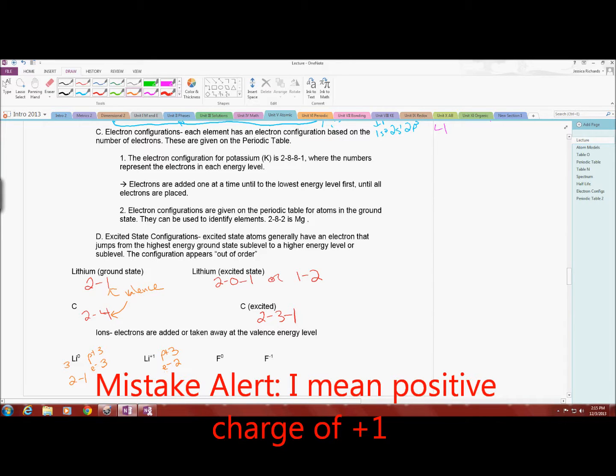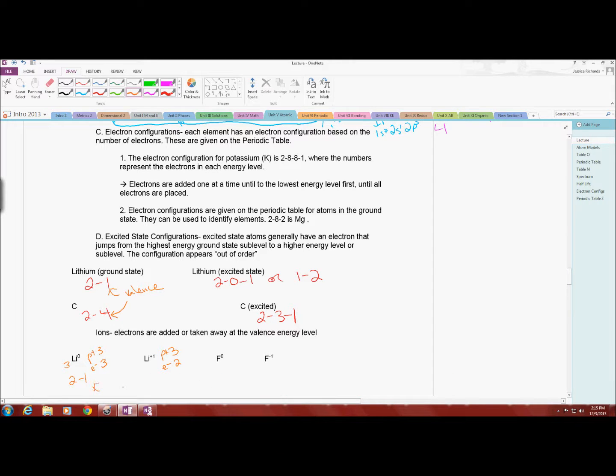Now he only has 2 electrons. We remove the outermost electron. So his new electron configuration is just 2. We removed the outermost one. You can write 2-0 if you want to. He now has 1 less electron. We're always adding or removing from the valence electrons so that they look like noble gases.